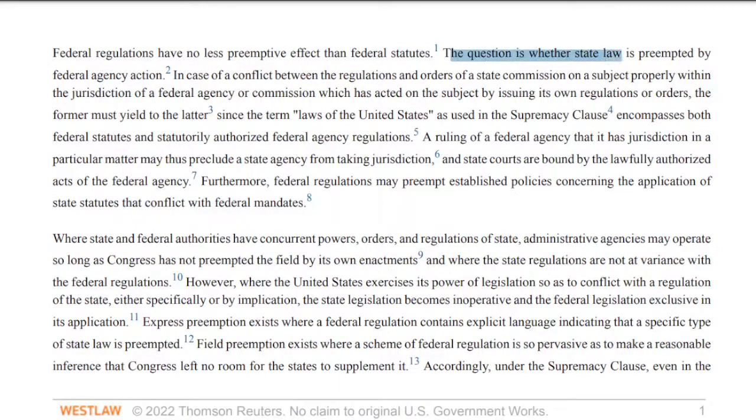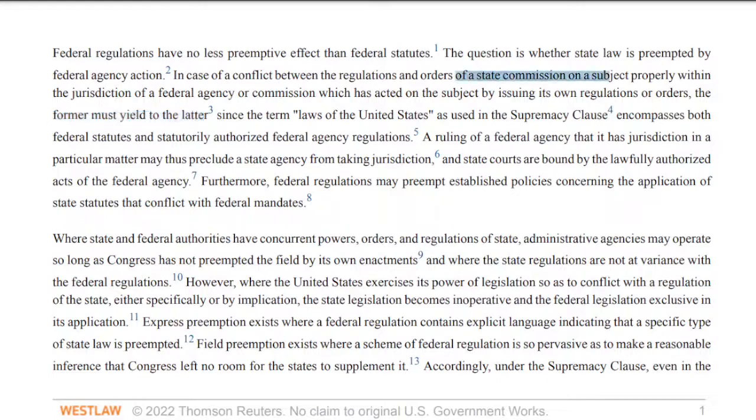The question is whether state law is preempted by federal agency action. In the case of a conflict between the regulations and orders of a state commission on a subject properly within the jurisdiction of a federal agency or commission which has acted on the subject by issuing its own regulations or orders, the former must yield to the latter.